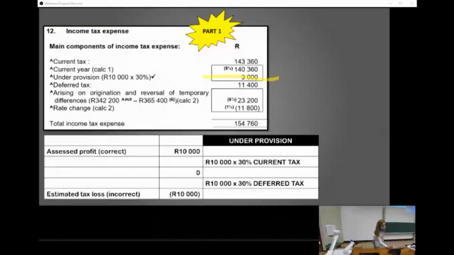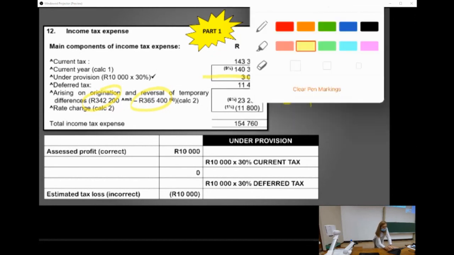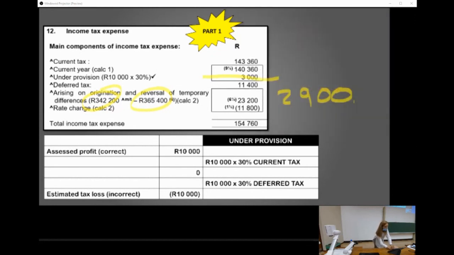And then over here, in our movement from our opening to our closing balance, our difference of 2,900 is included in that movement. Okay, because remember, this movement would have been smaller, because our opening balance would have been a higher amount.